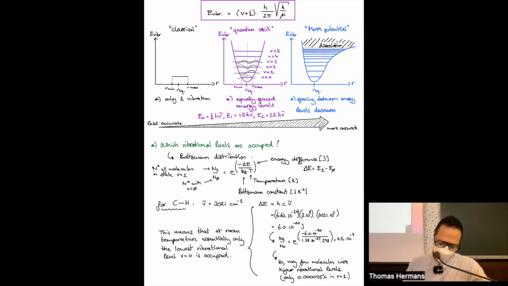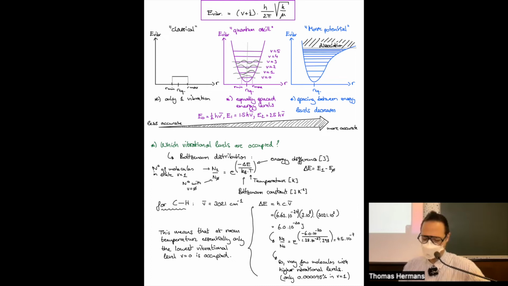Okay, so there's a third one, which is again a little bit more accurate, which is called the Morse potential. And so what's different in this Morse potential? Well, several things. The first thing is that in the quantum oscillator, this energy is completely symmetric, right? So compression or extension doesn't matter, it gives you a symmetric response.